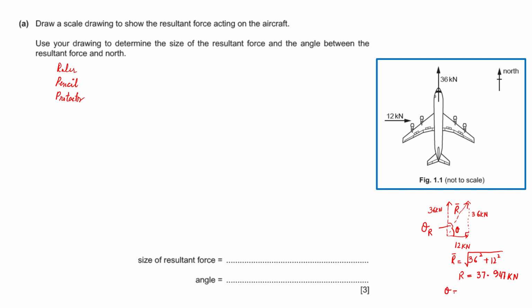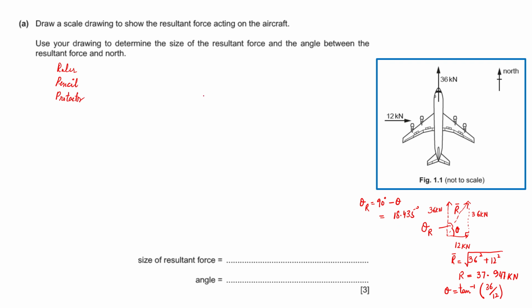Theta can be given as tan inverse of 36 divided by 12, and for theta r you just simply subtract: theta r is 90 degrees minus theta. This will be something around 18.435 degrees.